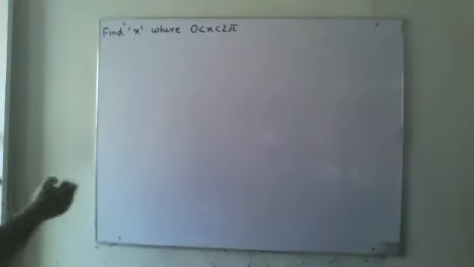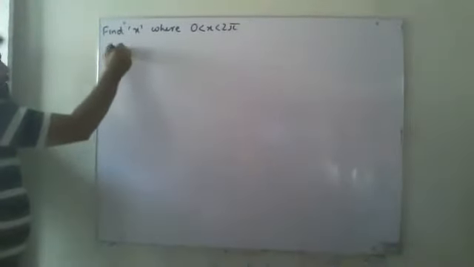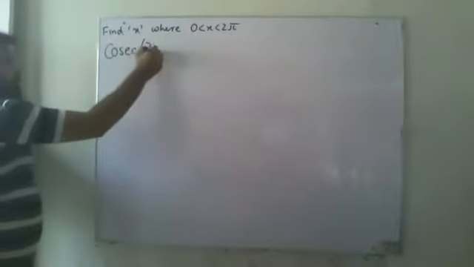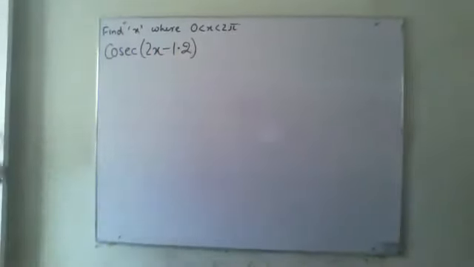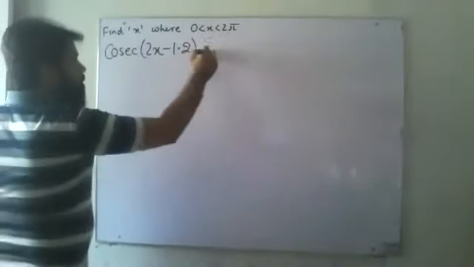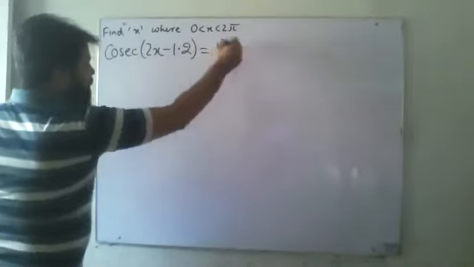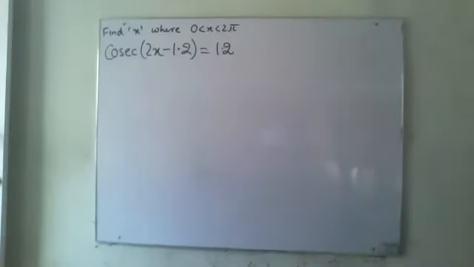A new question is given to us: cosec bracket 2x minus 1.2 equals 1.2. Cosec is given to me.